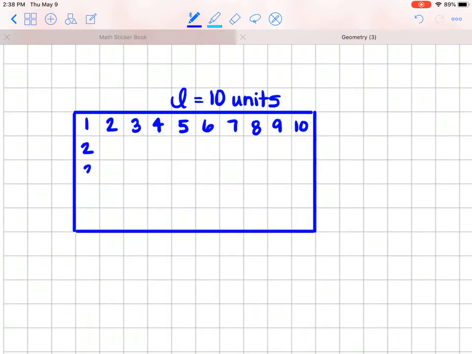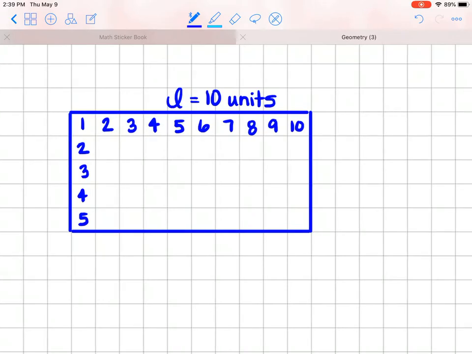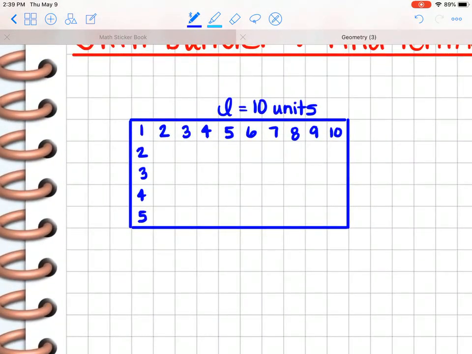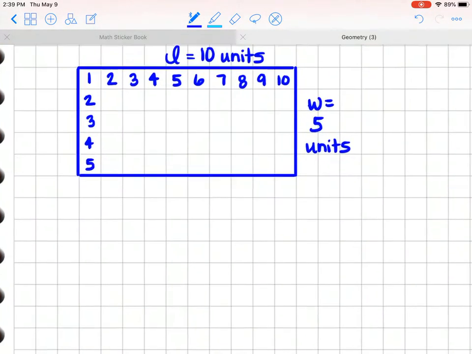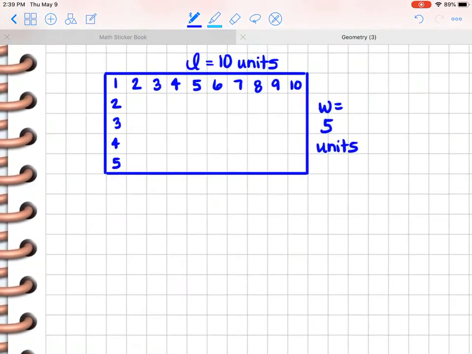The width is 1, 2, 3, 4, 5 units. So the first thing we need to know is this information. On a test, you will be given the information. Here, I'm asking you to count for yourself because I'm trying to reinforce what's going on here.